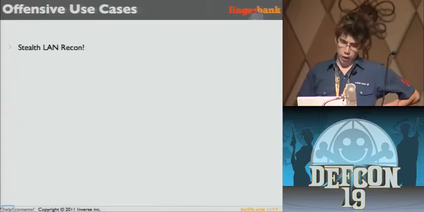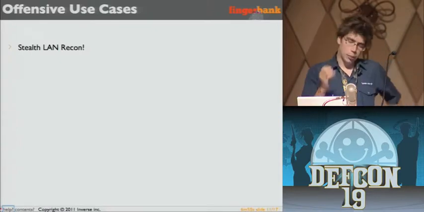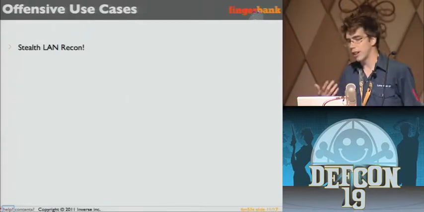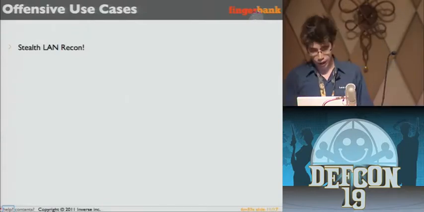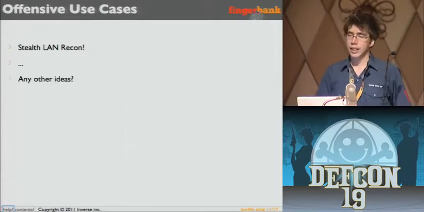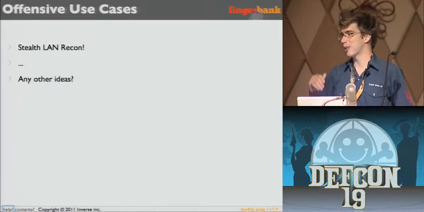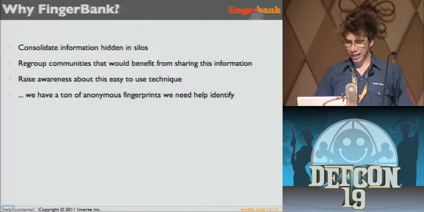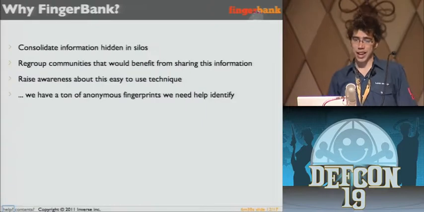It's a big one, it's really interesting, but afterwards I was trying to find other offensive use cases, and actually, I guess someone will have to come up in the Q&A room and tell me other offensive use cases. I failed at that.